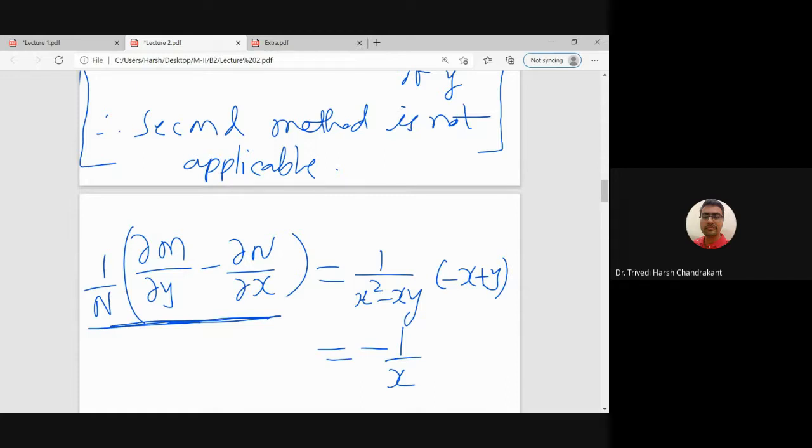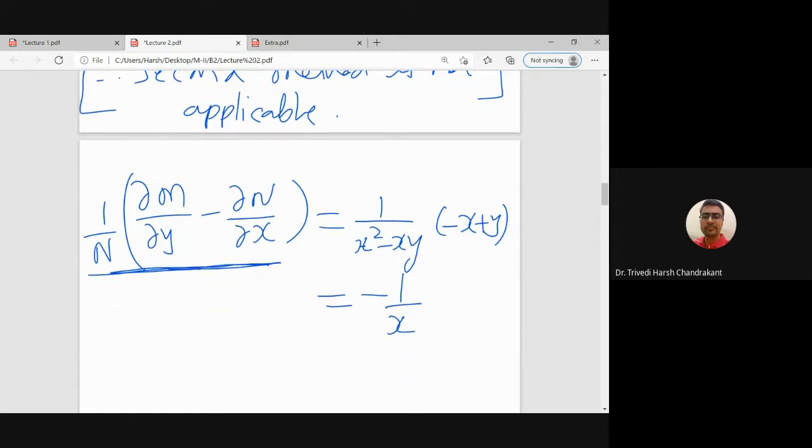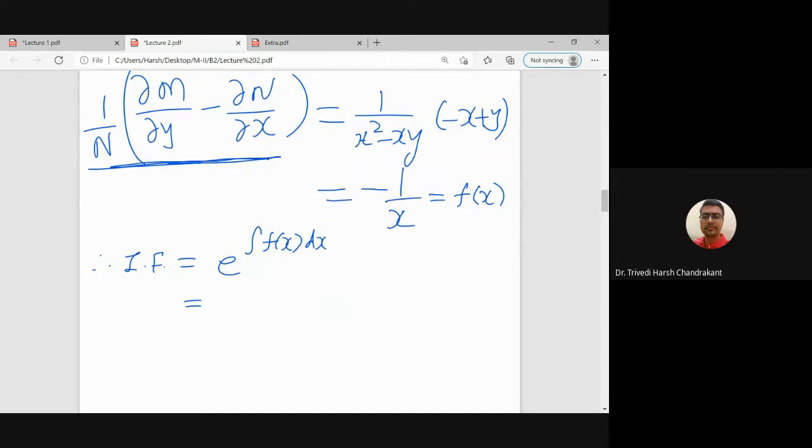If we find this quantity, if it is a function of only one variable, we can call that as a function of x. So that fx is minus 1 by x. So therefore integrating factor by the first method is e power integration fx dx, right? And that is nothing but e power integration minus 1 by x dx, that is e power minus log mod x.